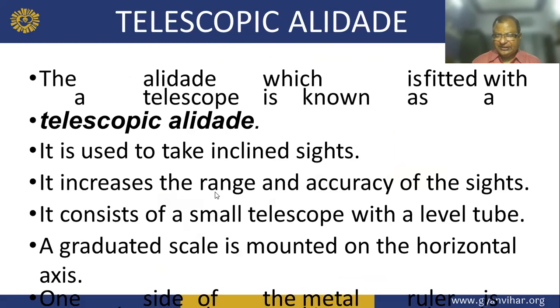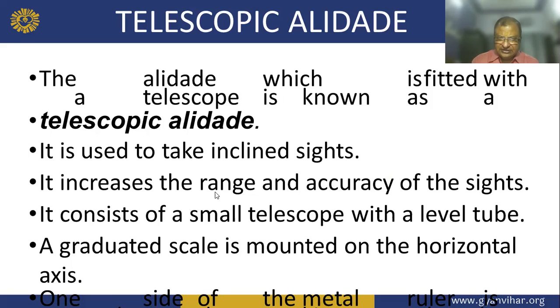Now, telescopic alidade. The alidade which is fitted with a telescope is known as the telescopic alidade, and it is used to take inclined sight.